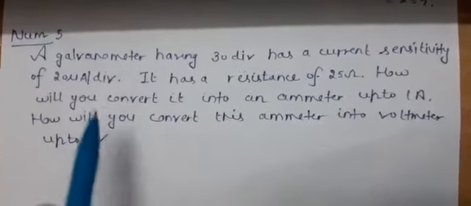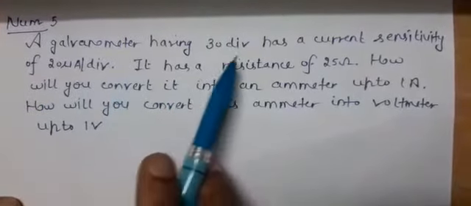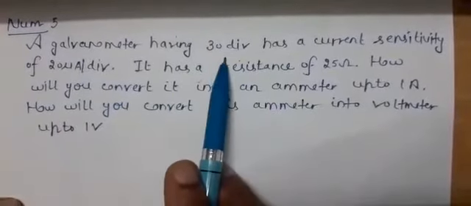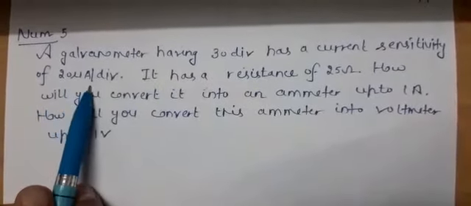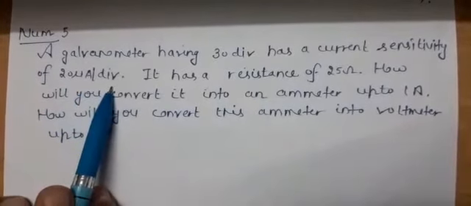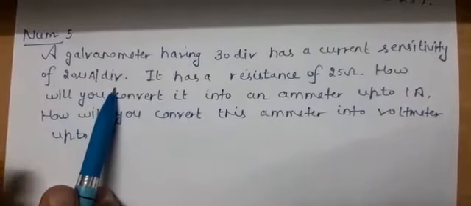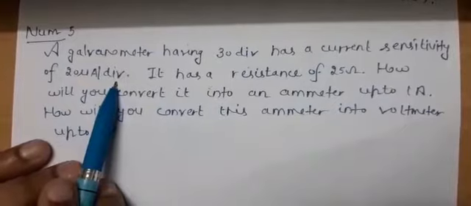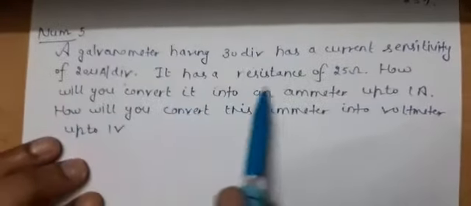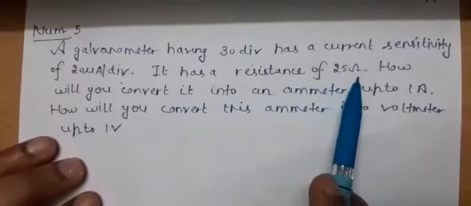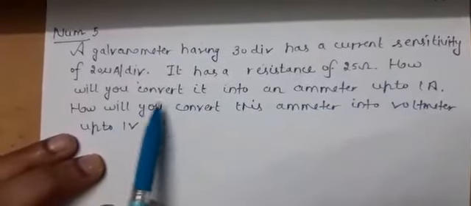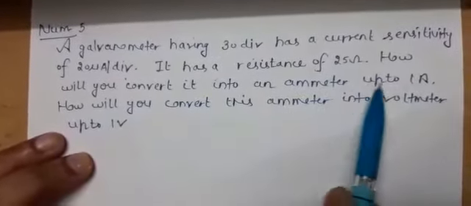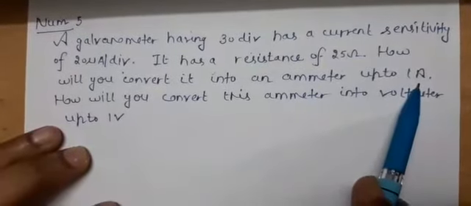Now next numerical. A galvanometer having 30 divisions, that is N is 30, has a current sensitivity of 20 microampere per division. See here, 20 microampere per division means one scale division deflection has been given. It has a resistance of 25 ohm, the resistance of the galvanometer is given. How will you convert it into an ammeter up to 1 ampere?